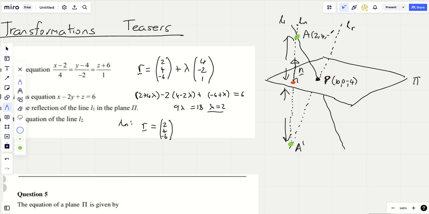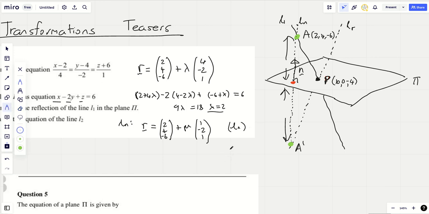Sorry, I should have written that down earlier. And the normal to the plane, well, that's the coefficients here, isn't it? And so I can write that down as, I'm going to have to use a different letter because I've already used lambda, let's use mu, (1, minus 2, 1). And that's the equation of the line Ln. Let's just write Ln next to that to make it clear what it is on the diagram.